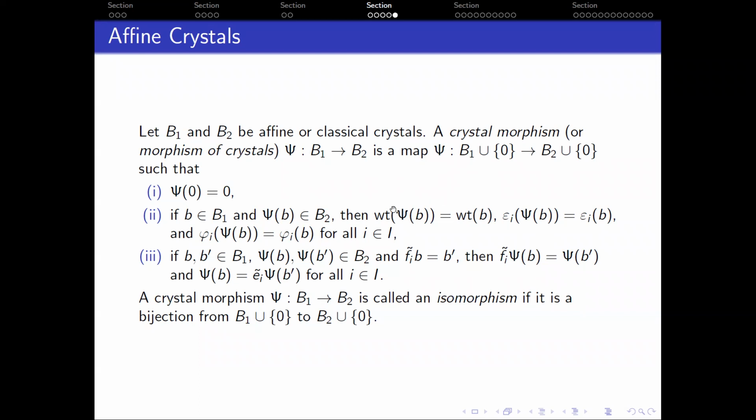Namely, it is weight preserving, and epsilon i and phi of the image are preserved. Incidentally, epsilon i is the number of i-arrows coming in, and phi is the number of i-arrows going out. That is preserved both in the domain and the range. And this map commutes with the action of e_i tilde and f_i tilde. That's it. Then we say that this is a crystal isomorphism.